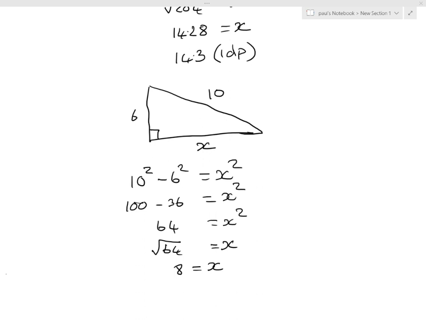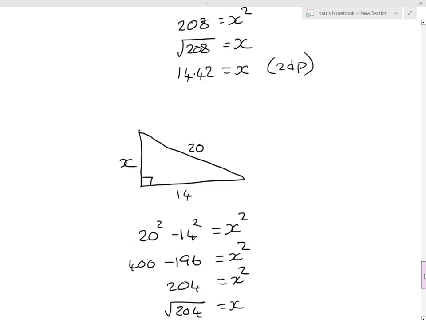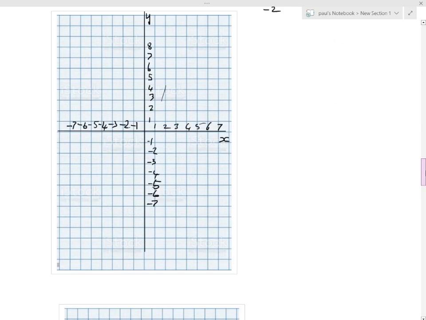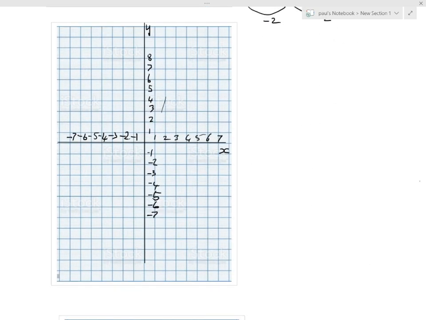Now that we know how to do Pythagoras, let's go back to one of these graphs that we haven't filled in yet. There, that one will do. And what we're going to do is we'll say that 1 square equals 1 centimeter. So there's no need to measure anything.